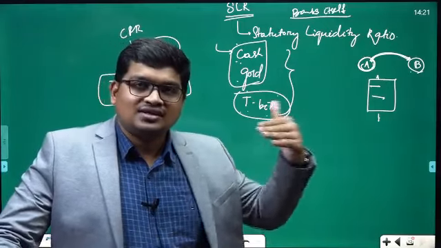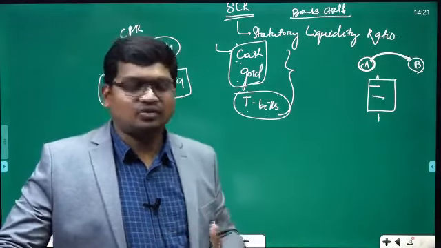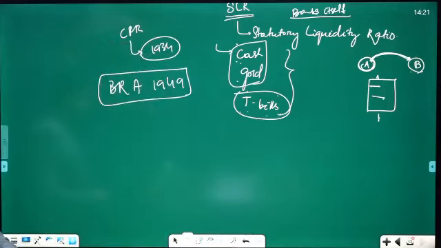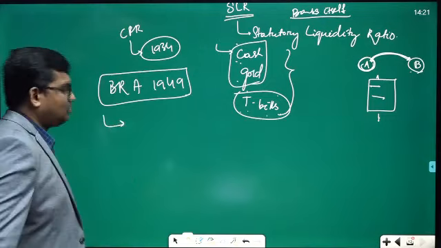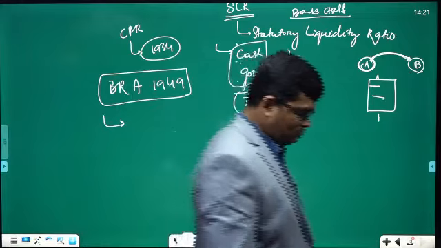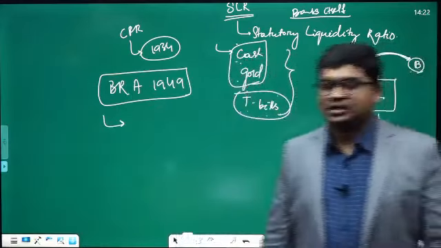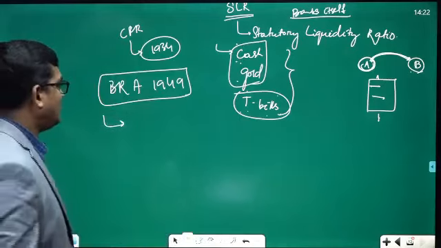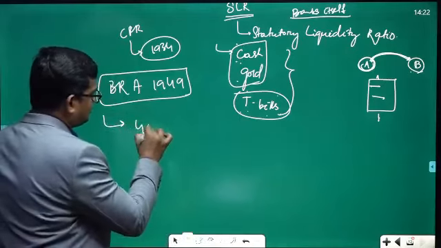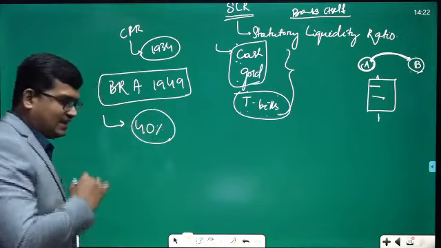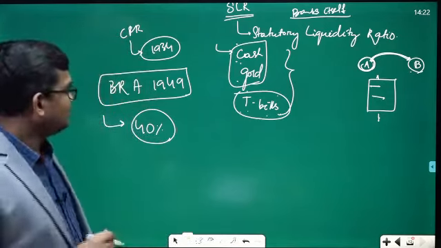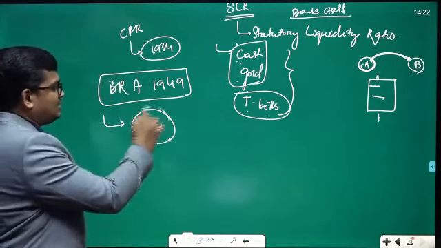Clear? CRR as per 1934, SLR as per 1949. Second feature: legally, SLR cannot be more than 40%. Repeat, SLR cannot be more than 40%, so it must be less than 40%.